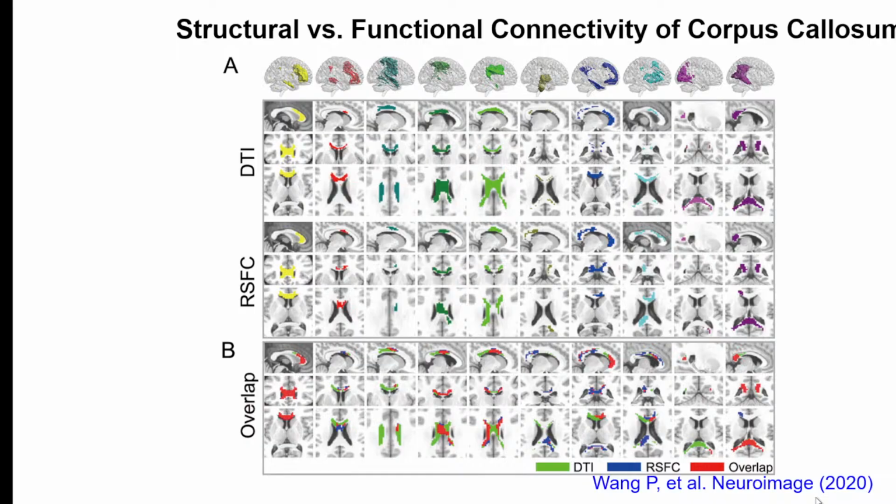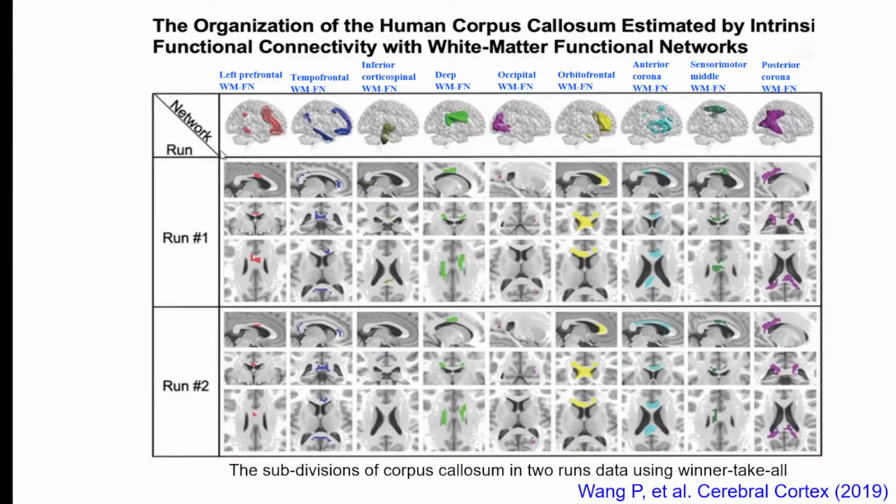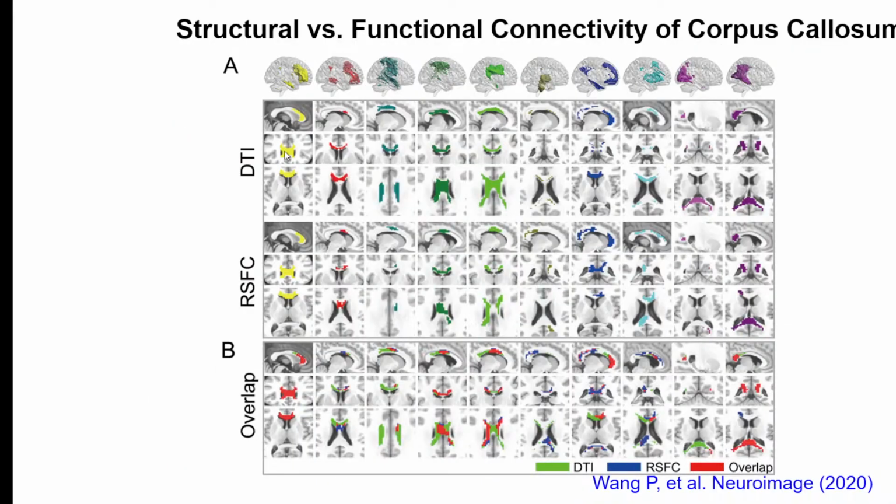Because we have DTI for the Human Connectome project, we could do the DTI, right? The corpus callosum has been very well characterized using DTI. And then we saw how we matched with the previous figure: from this figure, we matched this network with the first DTI network, this one for the second one, the third, and so on, right?